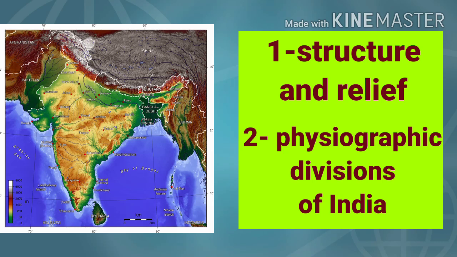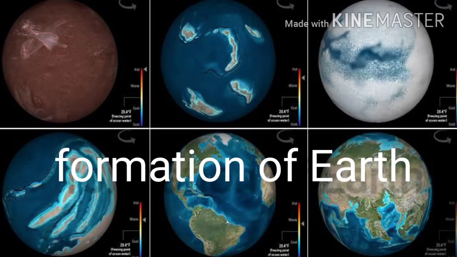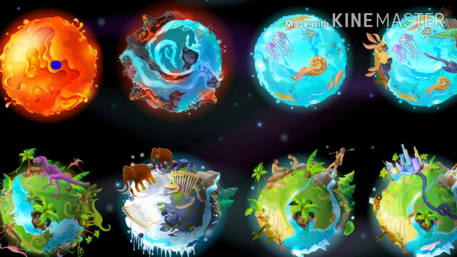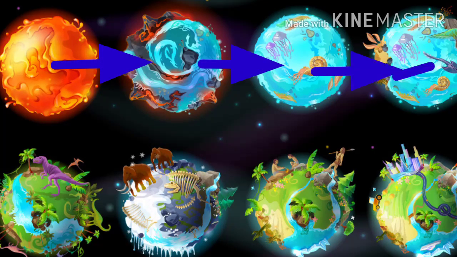All of you know that Earth has its own history. That means how the Earth has formed. Already you have studied it in your first book, second chapter. All of you know that our Earth is approximately 460 million years old. During these years, there were many changes in the structure of our Earth.